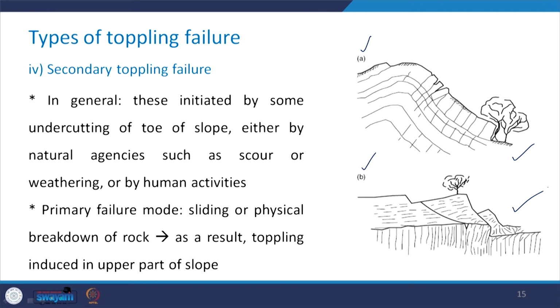Wherever you have the undercutting of the toe of the slope, such type of secondary toppling failure mode can be expected. The primary failure mode would be sliding or physical breakdown of the rock, and because of this, toppling will be induced in the upper part of the slope. Like you can see here, the toppling is being induced in this case.